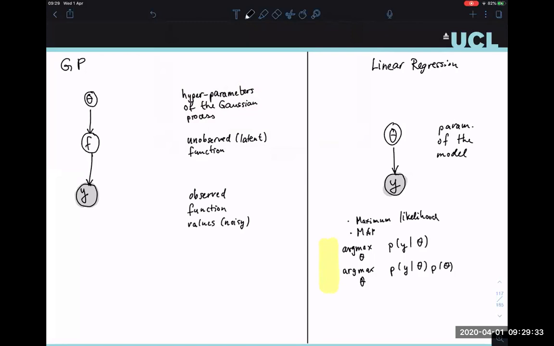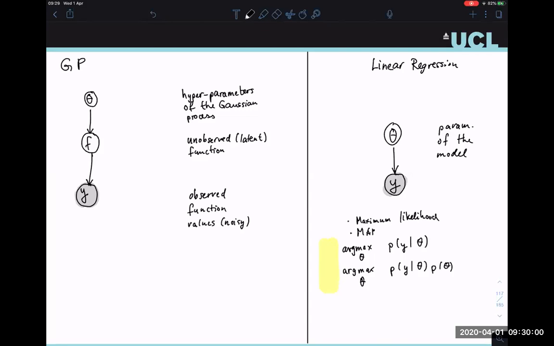I think you can also maximize the marginal likelihood. Okay, we're going to get there in the end. The question is, how do we come to the conclusion that we want to maximize the marginal likelihood?